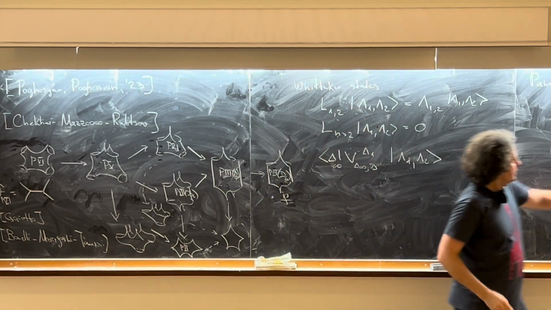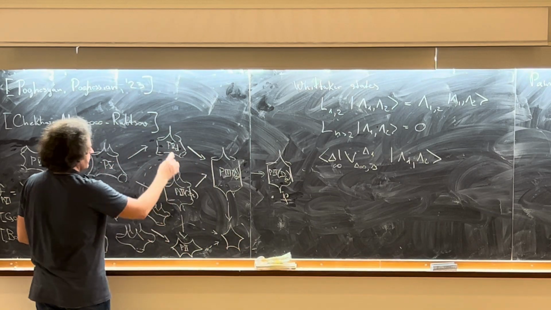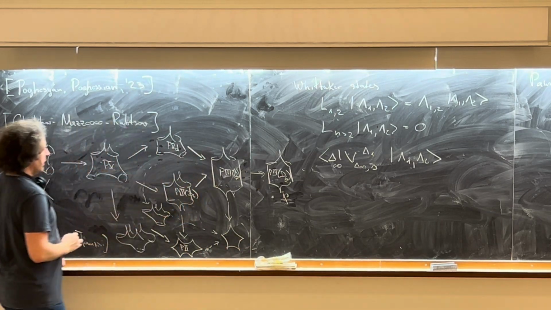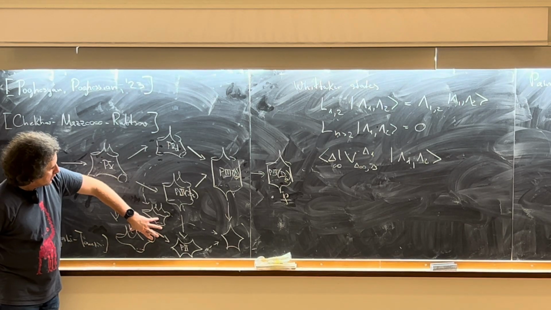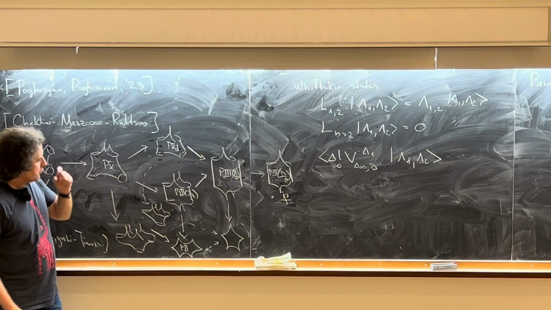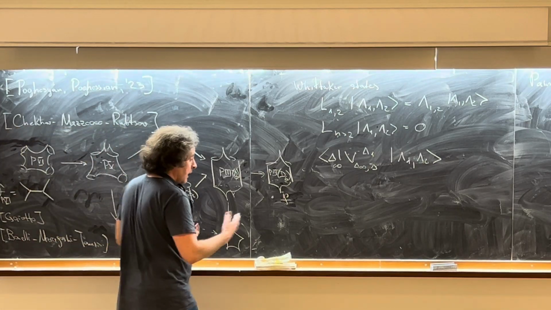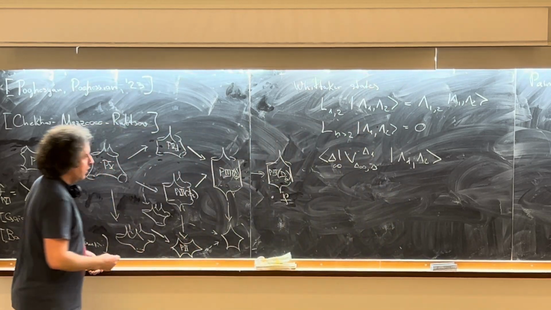So this is the function which will appear here, and the same type of construction is valid for the other equations here. Now, the conformal blocks for the bottom part of the confluence diagram are much more tricky to construct.